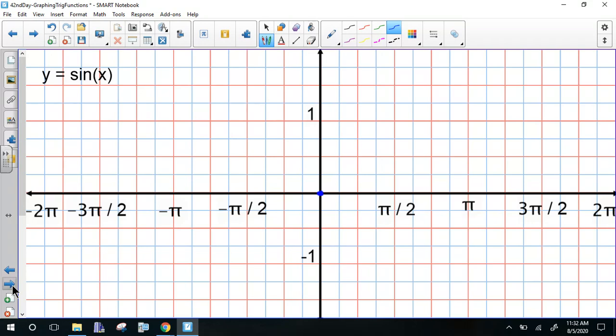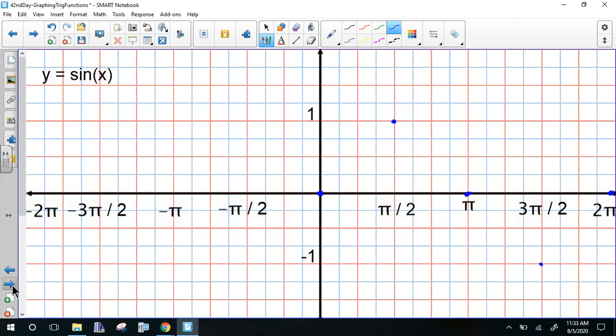And if you look back at the first sheet, it should tell you it's at 1. Sine of pi, we're back at 0. And sine of 3 pi over 2, we're at negative 1. And sine of 2 pi, we're back on the axis at 0.